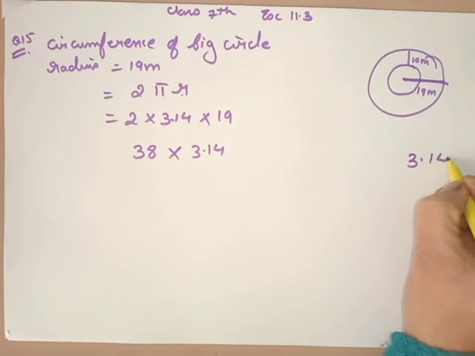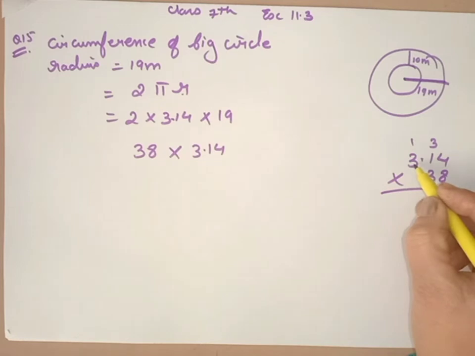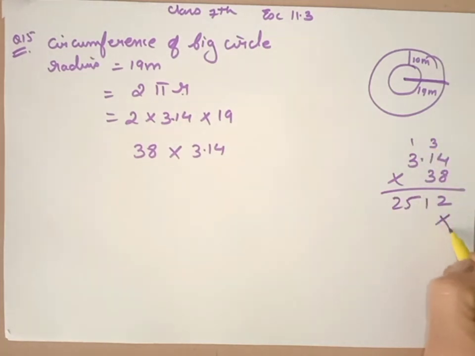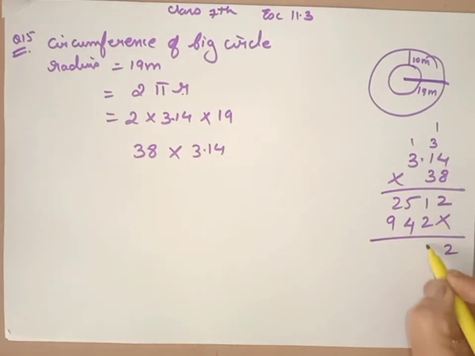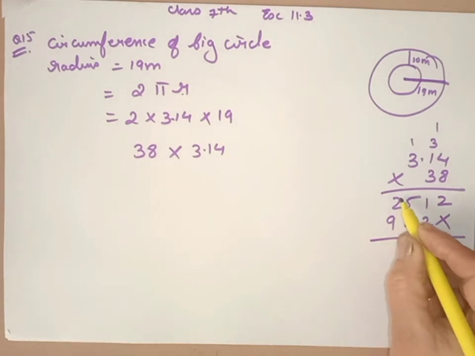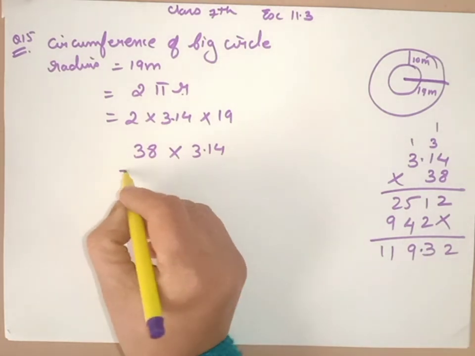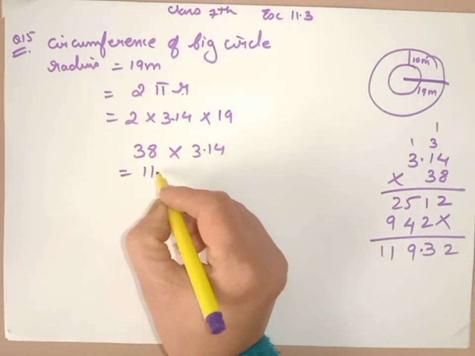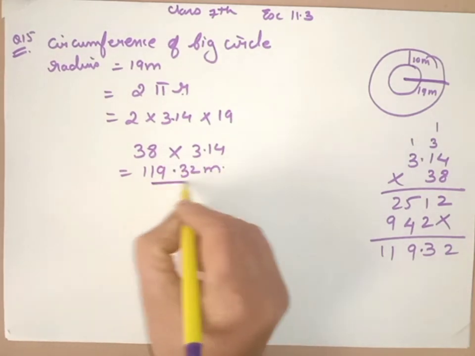Now 3.14 will be multiplied by 38. 8 fours are 32, 8 threes are 24, 25, 3 fours are 12, 13, 14, 3 threes are 9, 9, 10, 11. Decimal after 2 digits, so your circumference is 119.32. It is the circumference, so we'll write only meter.